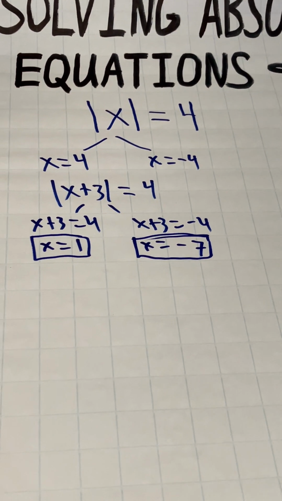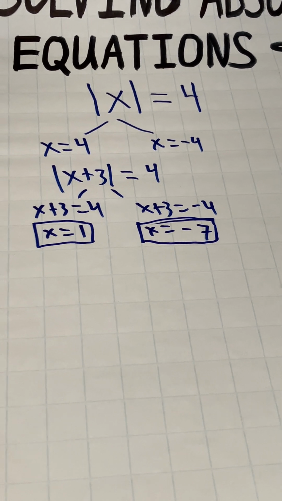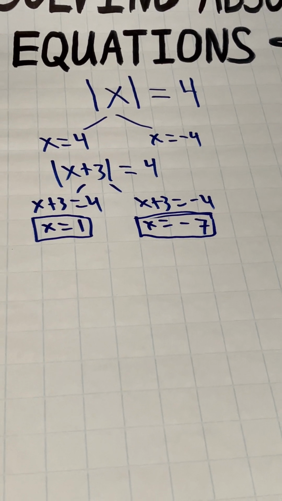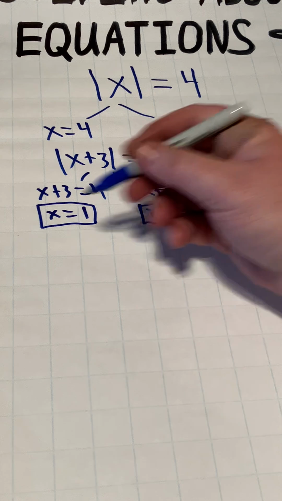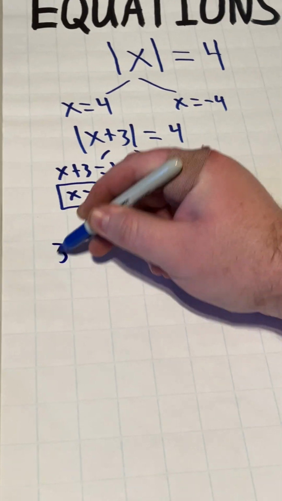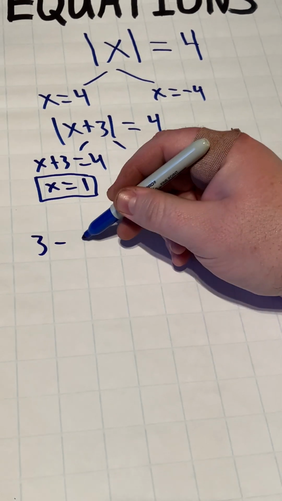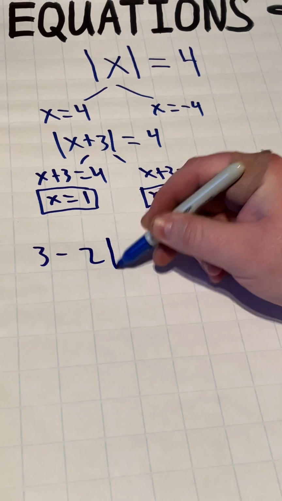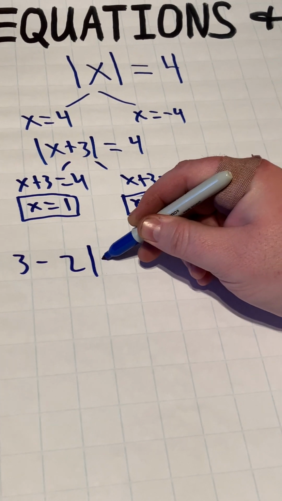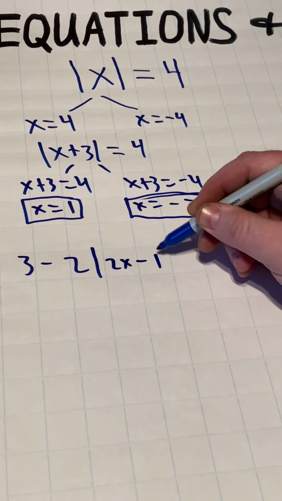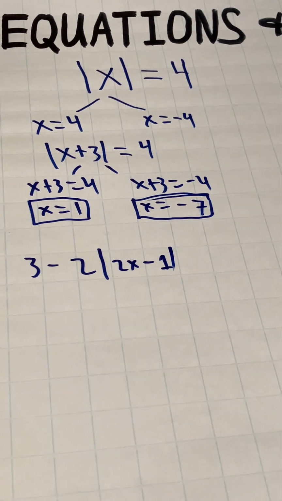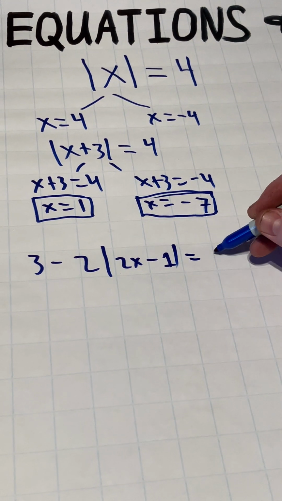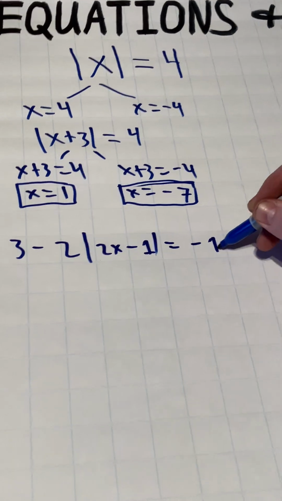Now, when I have a more complex equation, so let's say I have something like 3 minus 2 times the absolute value of 2x minus 1 equals negative 1.